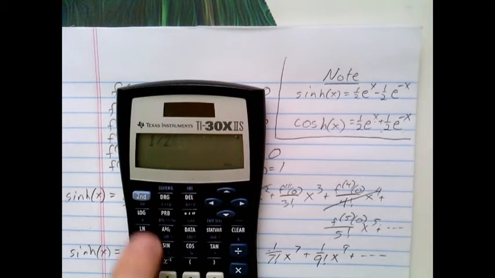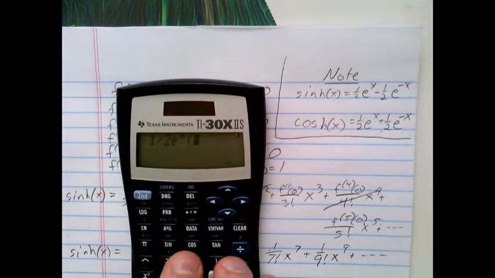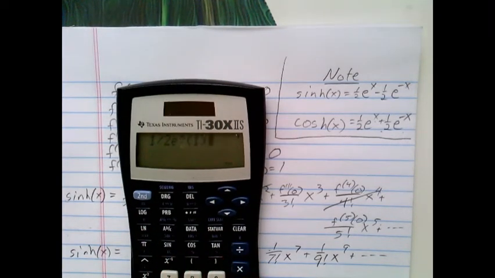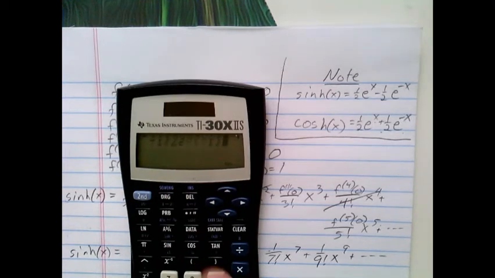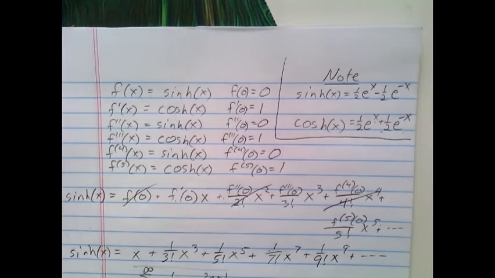So 1/2 e to the 1 minus 1/2 e to the negative 1 is, well, it's not too far off. It's 1.175 and then some change.